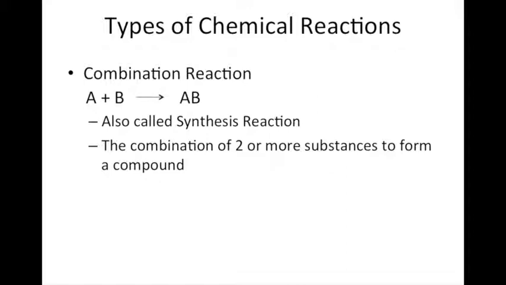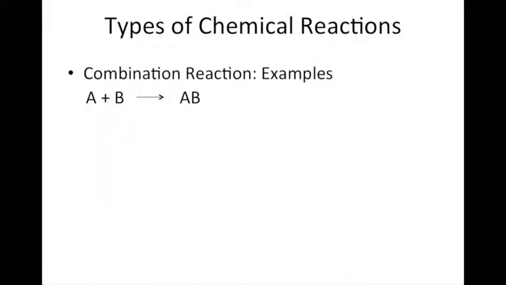And in this combination reaction, you generally have 2 or more different reactants, and they combine chemically to form a single product. So 2 or more reactants reacting to form only one product. Let's take a look at a few examples of combination reactions.